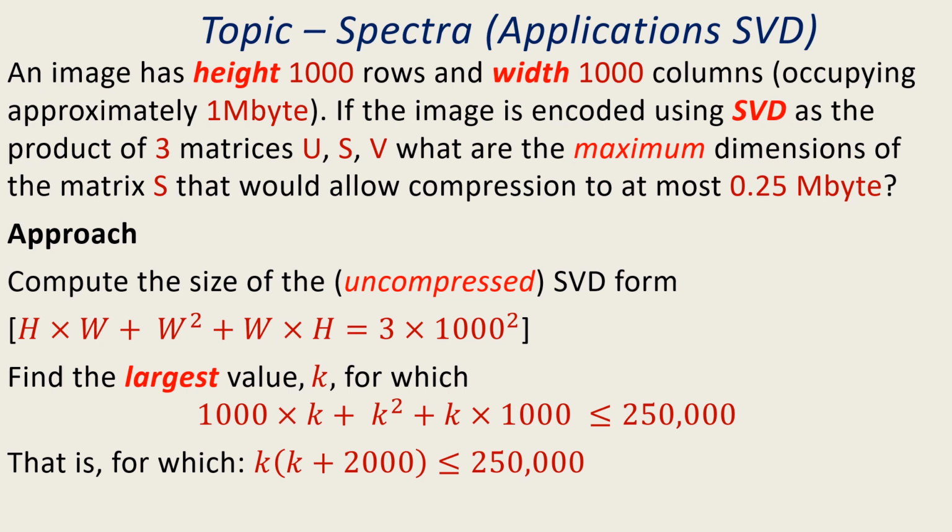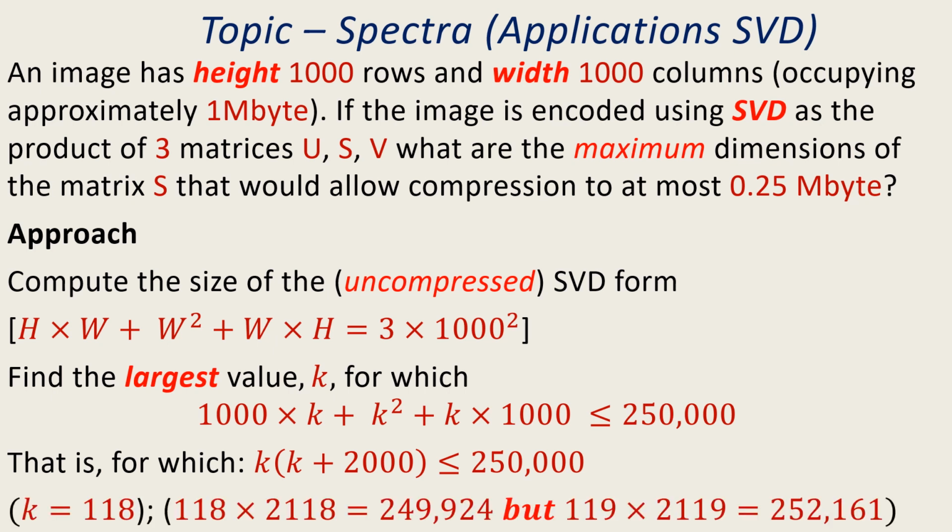Some will be too large, some will be too small. Now, in this particular case, we find that k is 118. 118 times 2,118 is less than a quarter of a million, but if we go one larger, we get something which is larger than a quarter of a million.